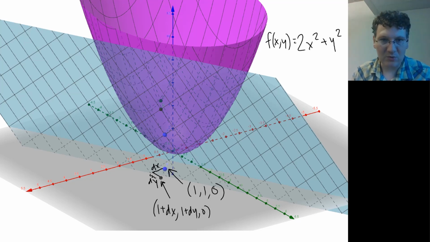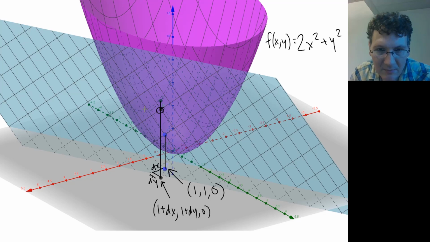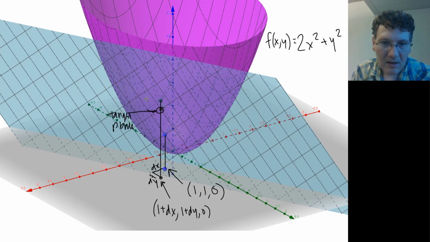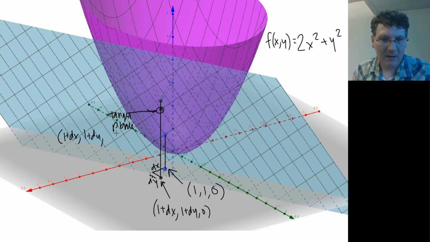If we were to go straight up, this point here is on the tangent plane, and so this would be the point (1 plus dx, 1 plus dy), and then the linearization of (1 plus dx, 1 plus dy).